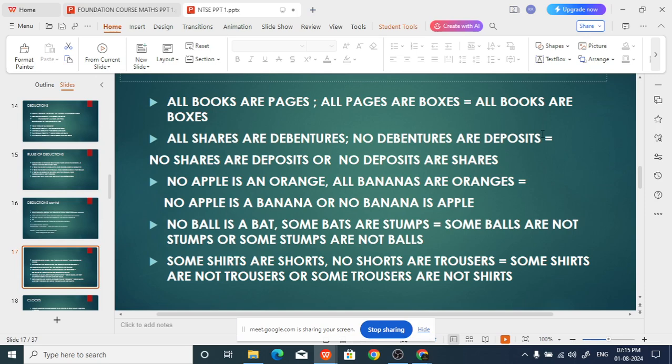If one of the terms is particular, answer has to be particular. So the answer has to start with some or many. And if one of the terms is negative, answer has to be negative. So some has to come, not has to come. In both the sentences, bat is common, bat should not come, stump should come, ball should come.